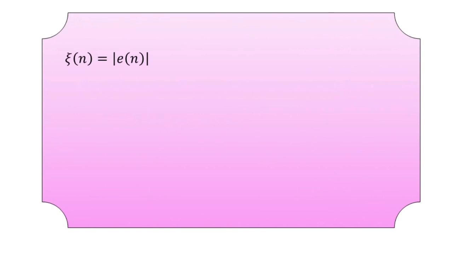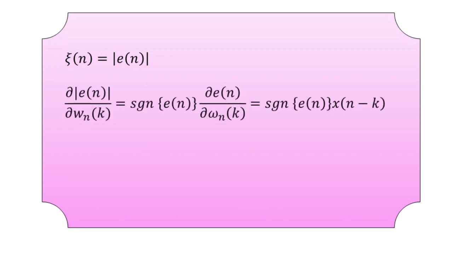Here we have del w suffix n of k for the mod of error E of n to be the signum function of E of n multiplied by the partial differentiation del w suffix n of k for E of n. So here we have the signum function of E of n into x of n minus k.